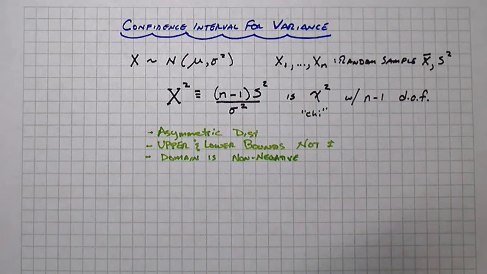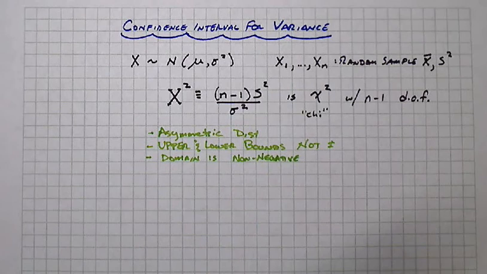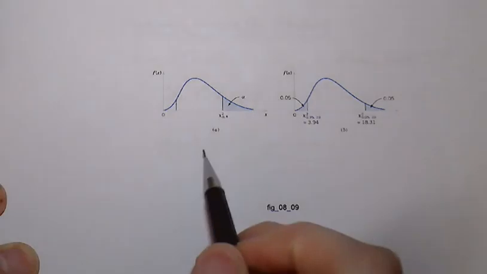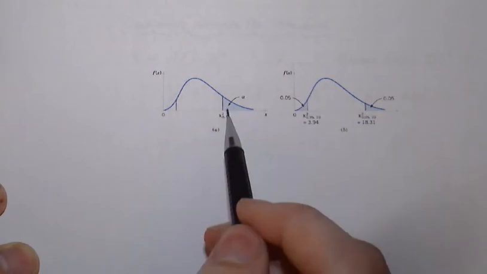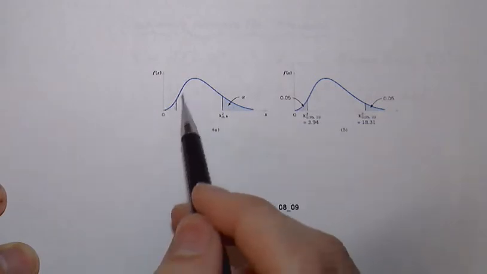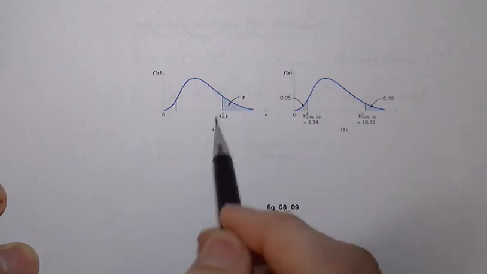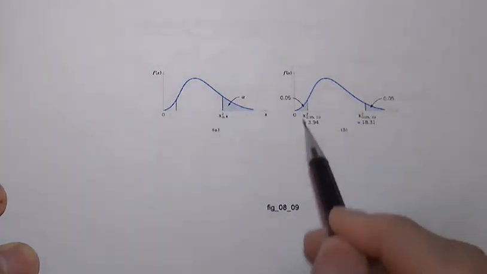So let's go back here to the figure in the book, this tiny little version of figure 8-9. The details here aren't so critical. I want you to note that in this chi-square distribution, when we're pulling out these bound values, this is a one-sided version here, and then we've got one here and here.